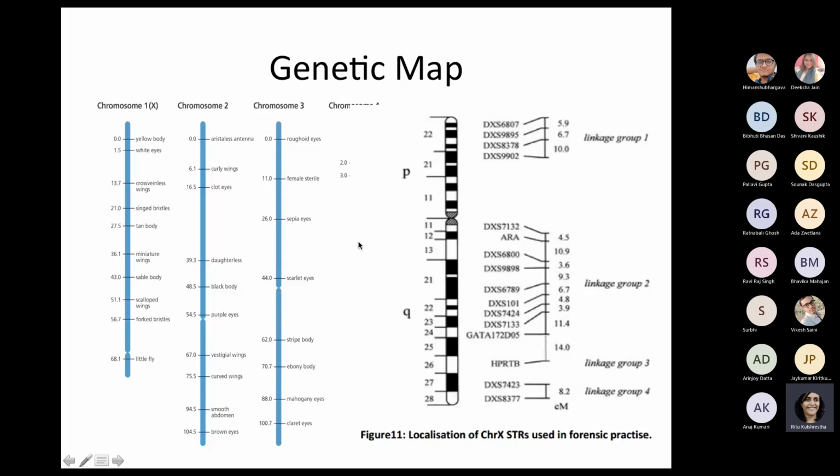You have to remember Mendel's experiments. He would see these two traits, and what is their distribution in the progeny? If these two traits always stay together, then they are placed close in the genetic map.